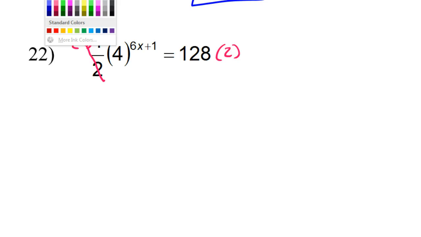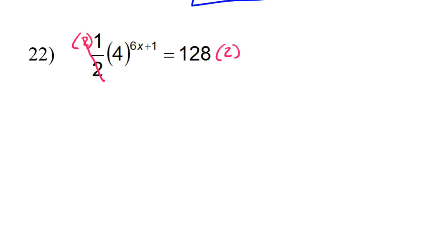So now I have 4 to the 6x plus 1 power is equal to, all right, now 2 times 128, that's 256.